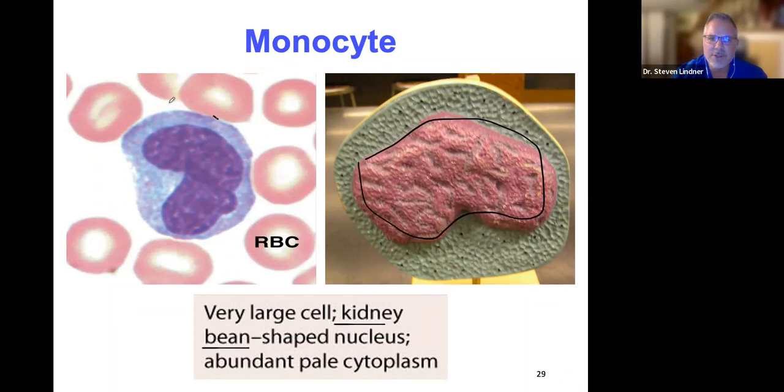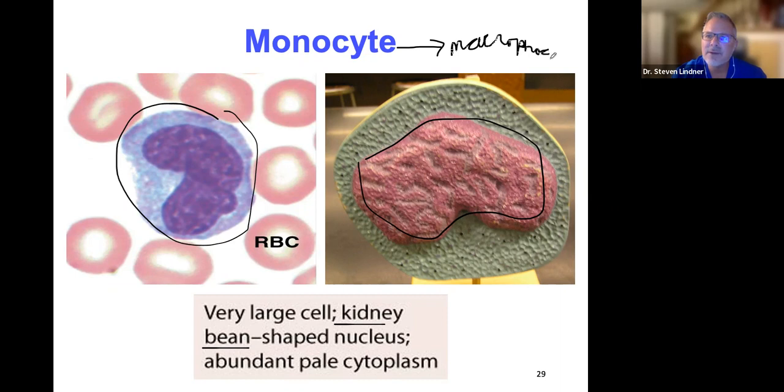And it's pretty large in relationship to these red blood cells, agranular. Monocytes are always in circulation in your blood, and when they move into tissues that are damaged, it's called a macrophage.